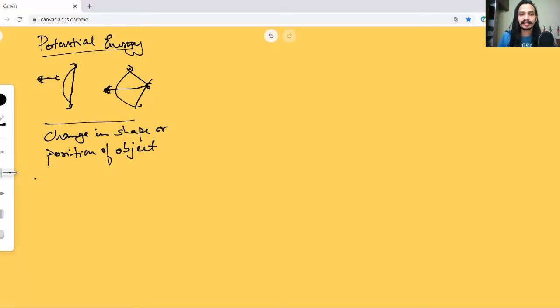There are other examples of potential energy also. For example, rubber bands. I think you must have at some point played with a rubber band. You stretch it and you just leave it and it starts flying. You shouldn't do that, it will hurt your friends, but however, we still do it.